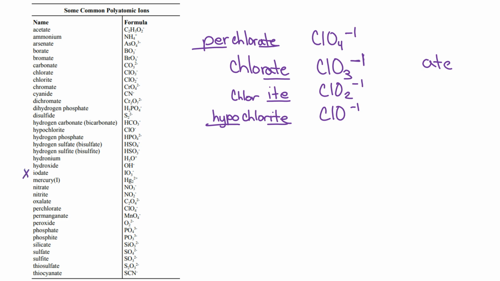iodate, I think it only lists iodate on there. But you might have a question in active that asks for iodite or periodate or something like that. You should be able to get there just based off of the context clues. All right. So we're either going to add or subtract oxygens based off of what's there.